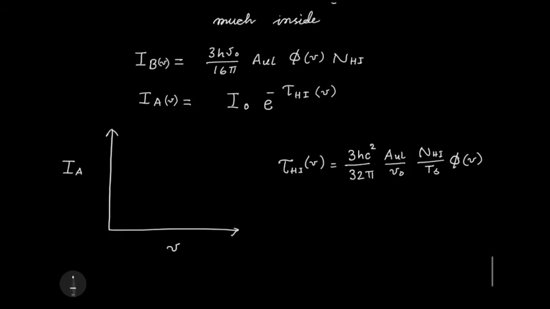All the frequency dependence comes from this phi. So this is exactly the expression that I have written here, 3hc square by 32 pi, A_UL, nu naught, phi nu, N_H1 by T_s. Exactly the same expression. I have just written phi nu away here because this is the thing which gives you the nu dependence.